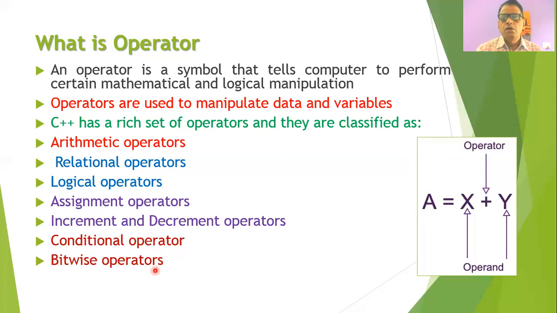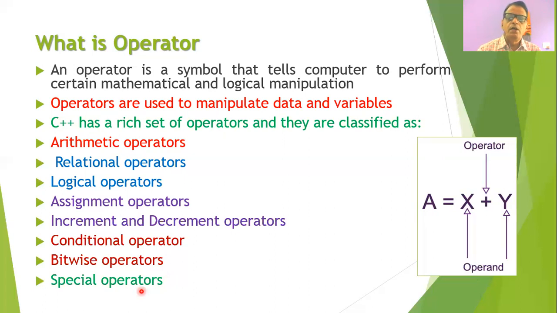C++ provides you the facility to manipulate the data that is stored in memory, and it is possible to perform bitwise operations. The operators that are used to perform bitwise operations are called bitwise operators. Apart from all these operators, there are several other operators available in C++, and these can be called special operators.